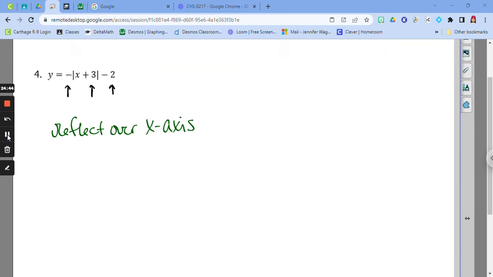Same thing with parabolas, you won't see the change on the graph if there was a negative inside. The 3 and the 2, we have it shifting 3 units left and 2 units down.